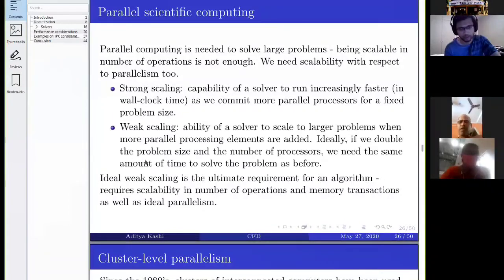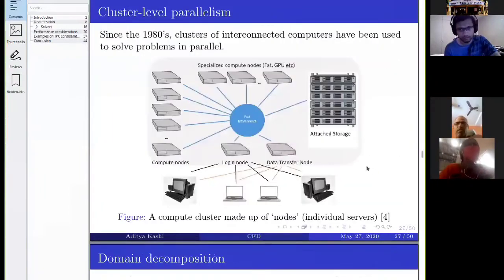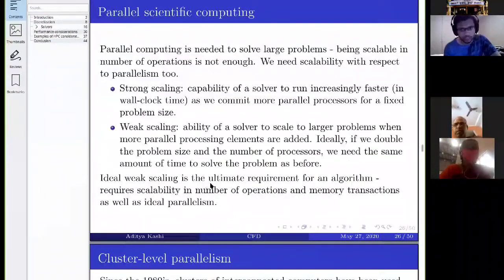The weak scaling is more general. What weak scaling does is it considers the ability of the solver to scale to larger problems as we use more parallel processors. The ideal weak scaling is if we double the problem size and we double the number of processors, then the amount of time that we need is unaffected.